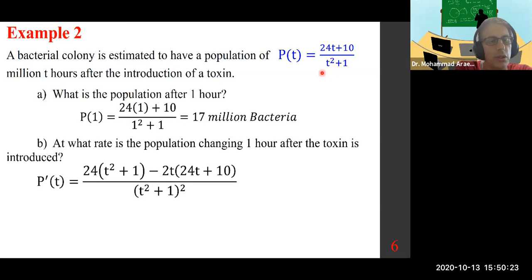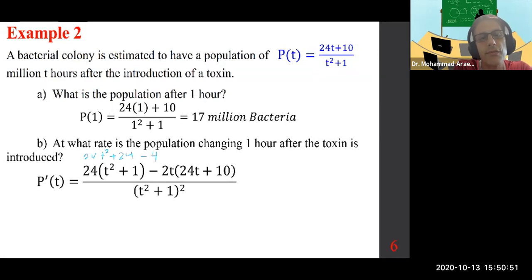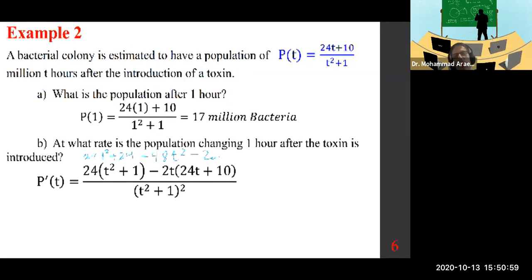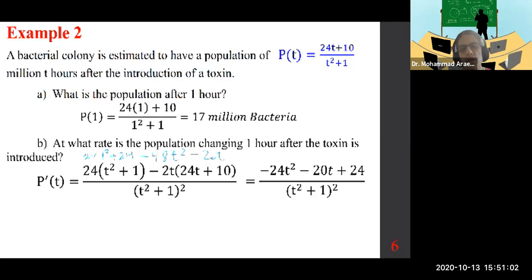And so now you are going to simplify the numerator. This is 24t squared plus 24 minus 48t squared minus 20t, and you put together like terms.